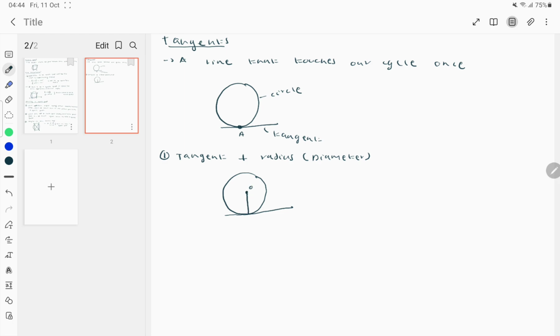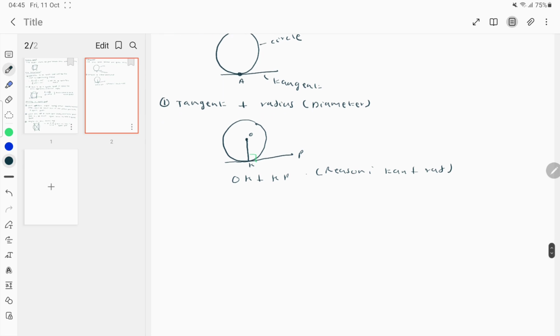Then we are allowed to say OK is perpendicular to KP, meaning that angle is 90. I'm going to write it in a different color. So that's 90, and your reason is just tangent perpendicular to radius, or radius perpendicular to tangent, whichever one you want to use, it doesn't matter.